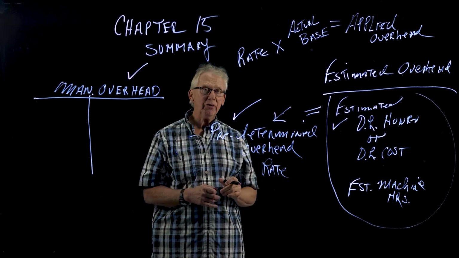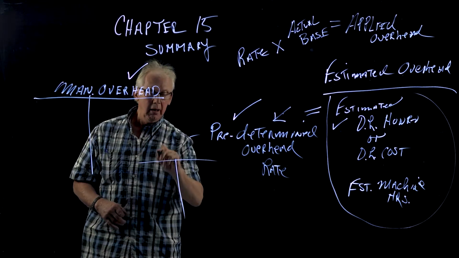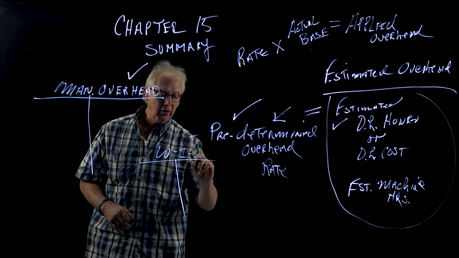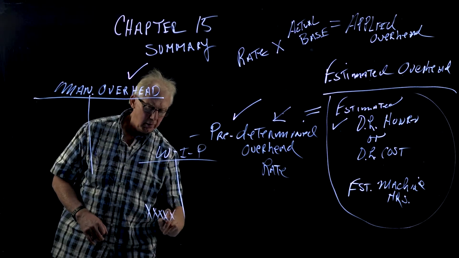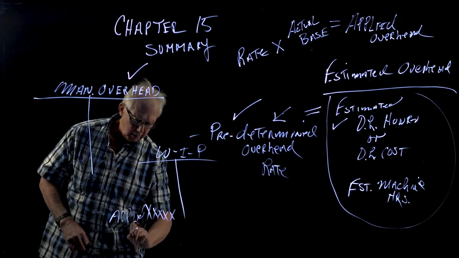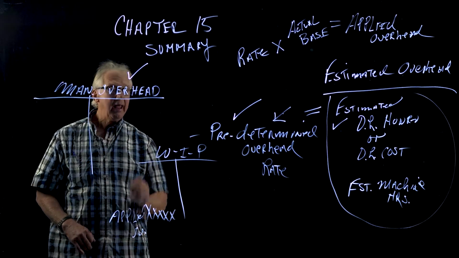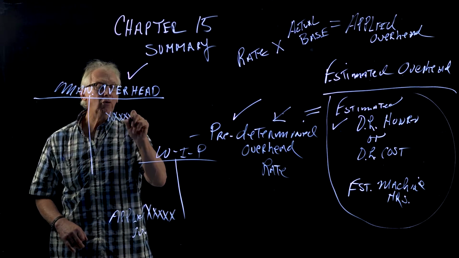And what we do with the applied overhead, we debit work in process, applied overhead, okay, and we credit the manufacturing overhead account.